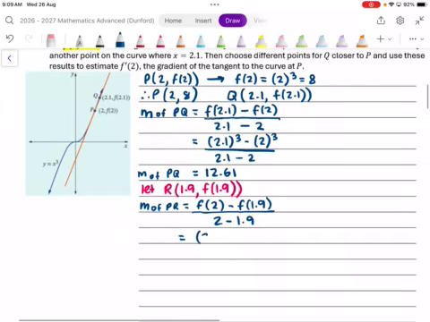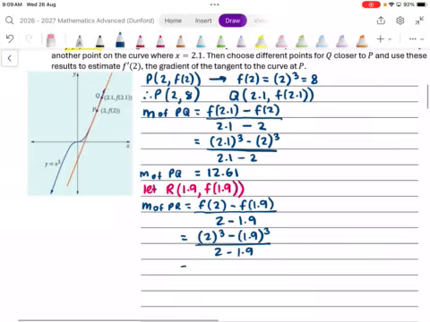So then that will equal 2 cubed minus 1.9 cubed all over 2 minus 1.9. So that works out our gradient of PR or RP, it doesn't matter with the order of the letters. That works out to be 11.41. Okay.